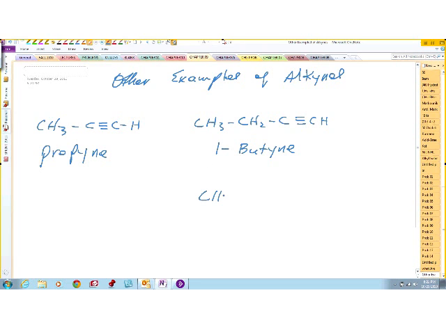There is no other possibility for propyne. Okay, for example, what if I have this? What would be the name of that molecule? 2-butyne, exactly.